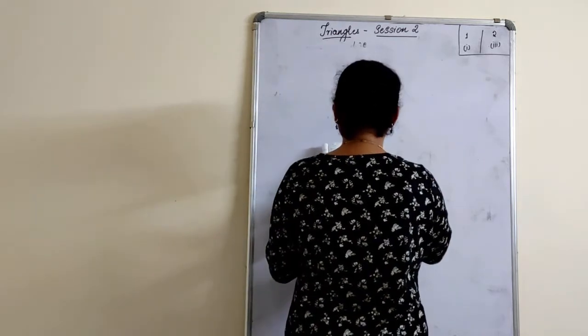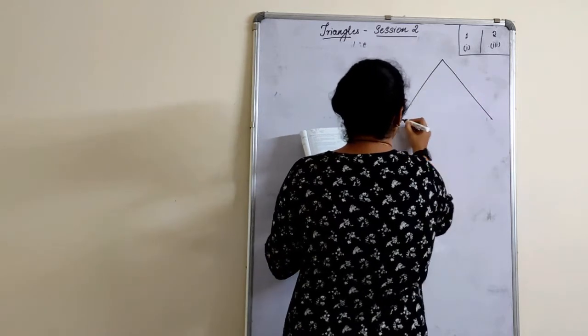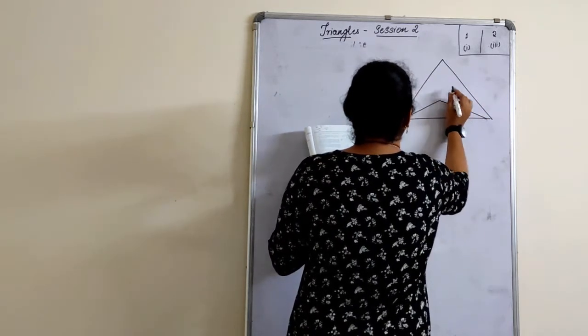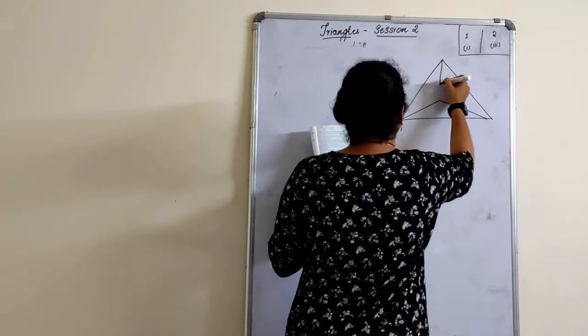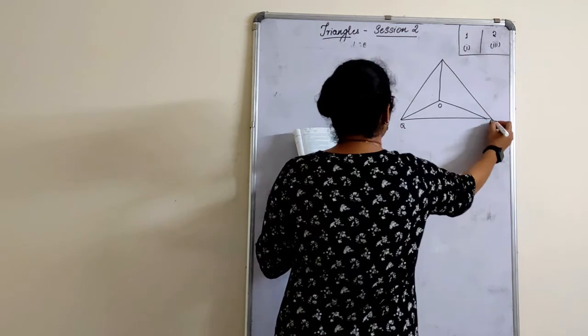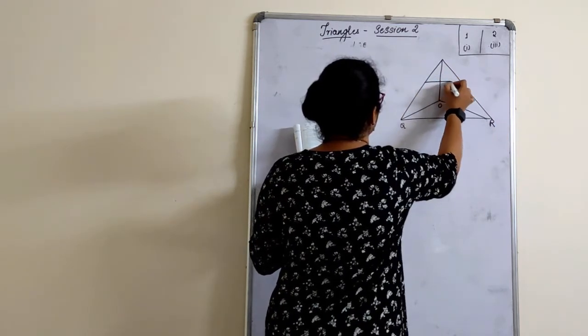So in the given figure, DE is parallel. Let us first draw the figure to understand. So a line is joined. This is O, this is Q, this is R. There is another small triangle which is formed.